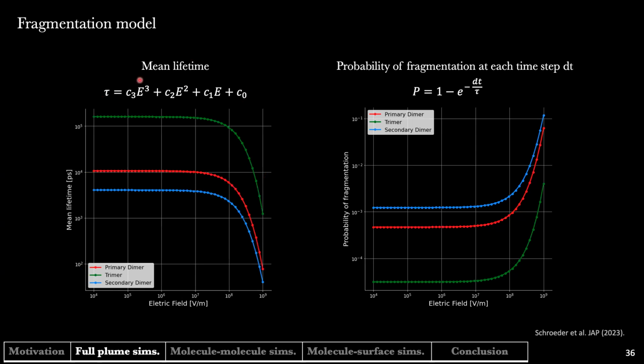And the mean lifetime is given as a polynomial of the magnitude of the electric field. And the coefficients of this polynomial depend on the type of species. So we have here the coefficients for primary dimers, trimers, and secondary dimers. And then when we get the mean lifetime, we can compute the probability of fragmentation for each species.